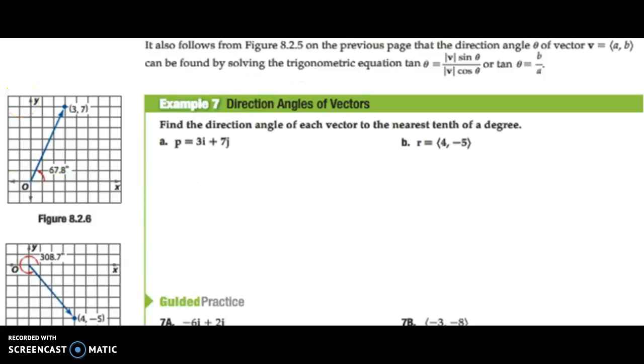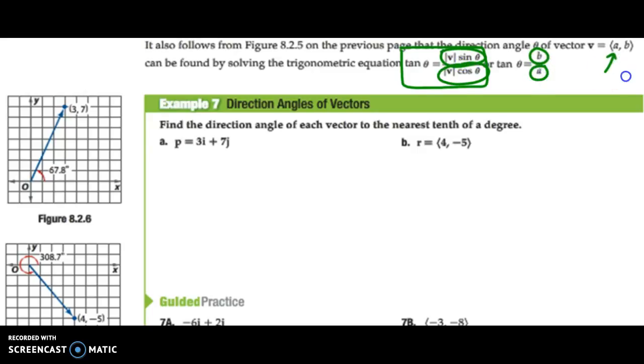Now let's say we know our components and we need to figure out our direction angle. Well, the way we do that is we use this equation right here. Tangent of theta is equal to the magnitude of v times sine of theta over the magnitude of v times cosine of theta. Sine over cosine, right? Well, remember this amount right here is actually just the component b, and this right here is my component a.